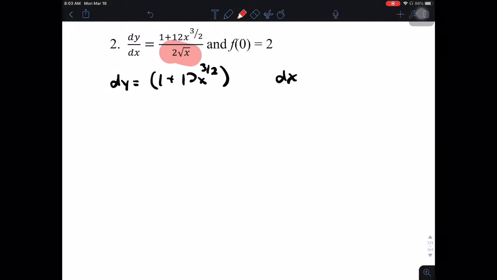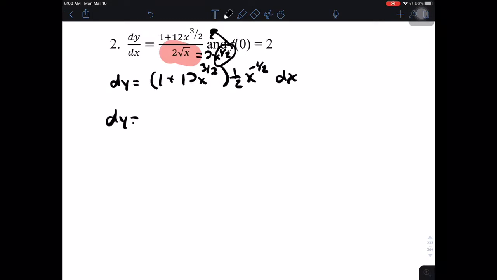I could rewrite the denominator as 2 times x to the 1/2. And then if I want to move this to the top of the fraction, first of all, the 2 means dividing by 2, which is the same as 1/2. Then I could make this x to the negative 1/2 to reciprocate the base.